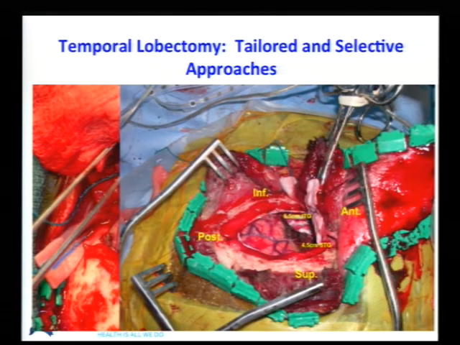Doing a craniotomy is good, it's precise, it's controlled, the hemorrhage rate is low, the stroke rate is low. But in anterior temporal lobectomy, you've got to admit, cutting the muscle, the temporalis muscle, although it heals, cutting the bone, taking that much brain out does not seem like the most natural thing to do.